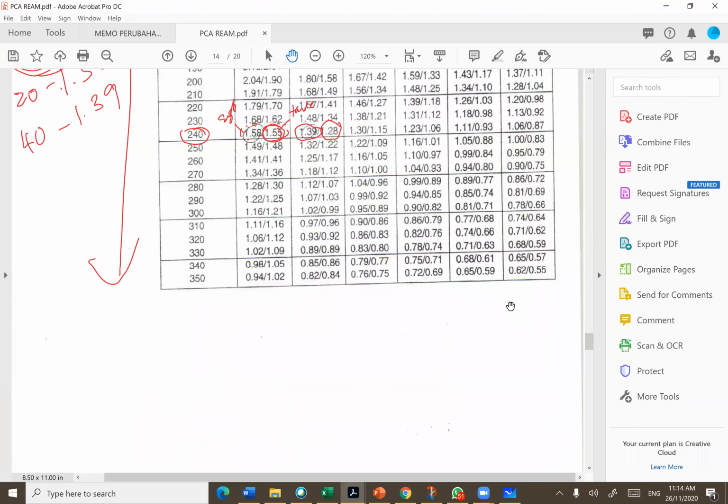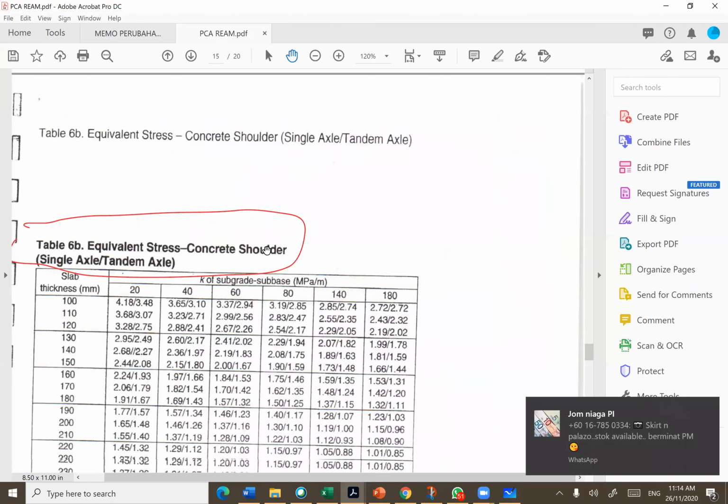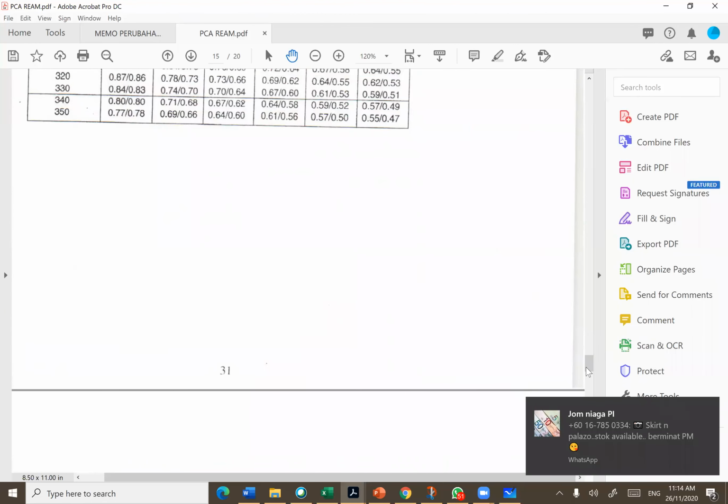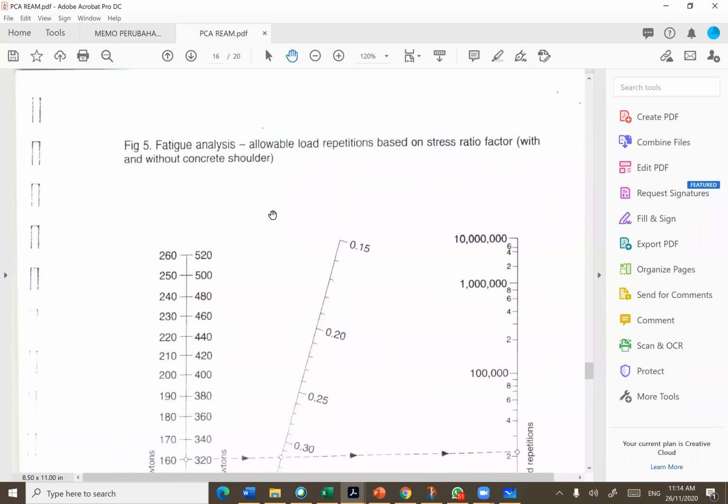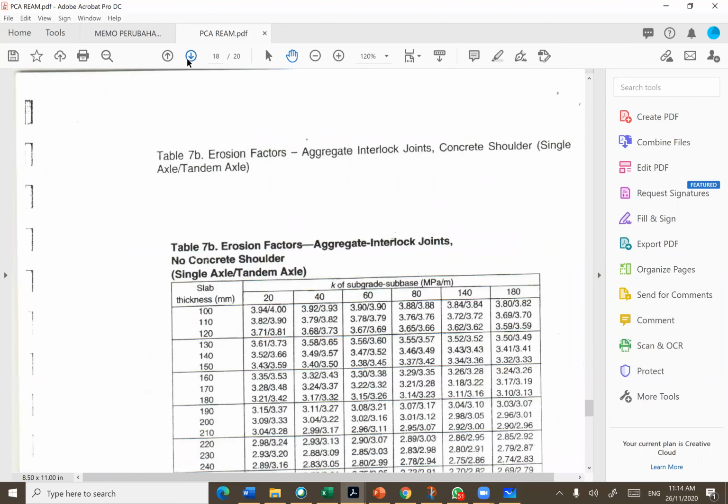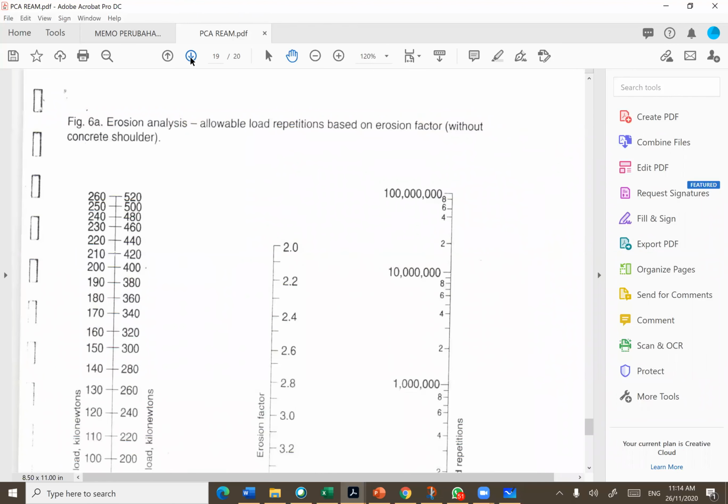This is equivalent stress. We want to look at... no, equivalent stress. Oh, okay, system. Fatigue analysis. Okay, so this is actually fatigue analysis. Load repetition, blah blah blah, without concrete shoulder, right? Okay. So this is without concrete shoulder because we have more. This erosion.